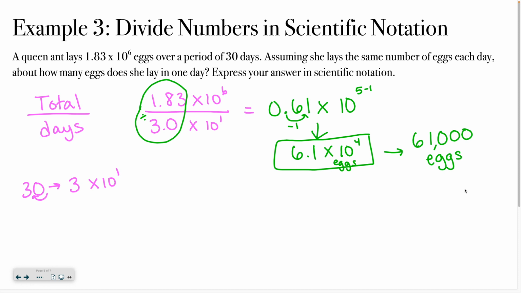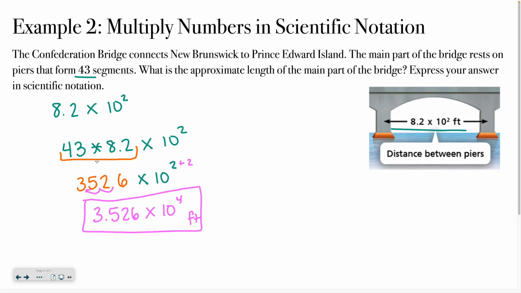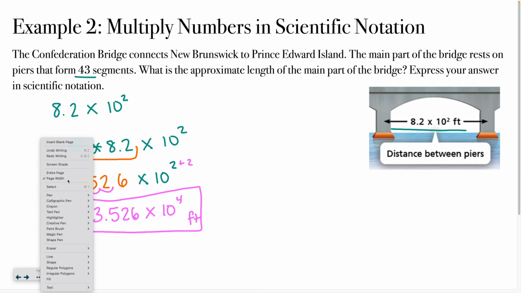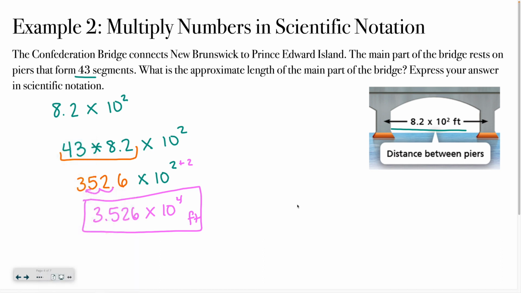All right. Before I actually move on to the question for you to try on your own, I do want to make a slight adjustment to this problem right here. So instead of saying 43 times 8.2, I'm going to convert my 43 into scientific notation just to practice and show you.